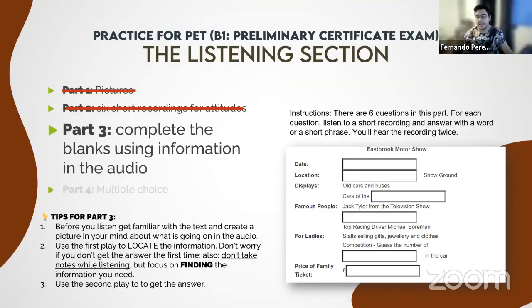It can be a poster, it can be an event invitation, like this advertising you see on the street, a flyer, etc., that you need to complete with the information in the audio. So you need to find the information and put it in the flyer, which is of course pretty challenging.